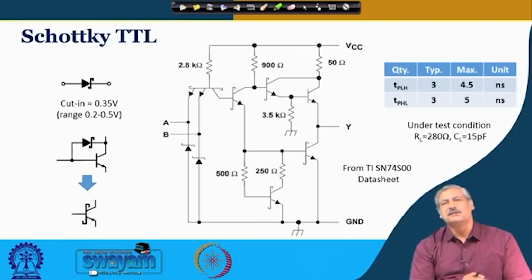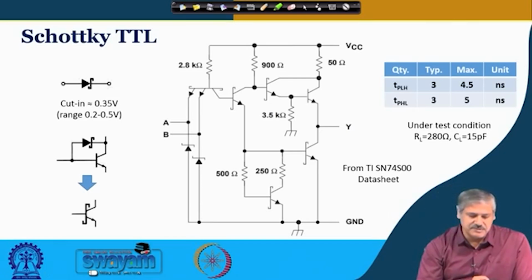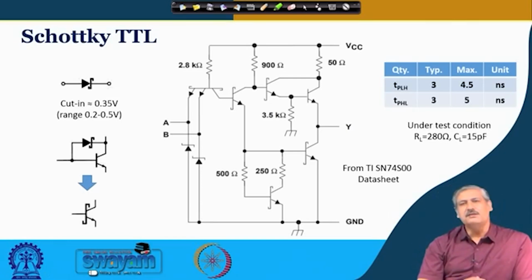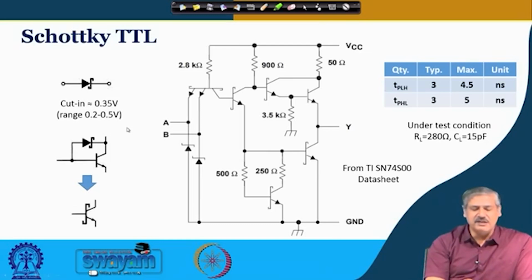And the last topic that I would like to just mention here in today's class is the use of Schottky diode in the TTL configuration. Okay. Schottky diode is a metal semiconductor junction and it can provide a cut-in voltage in the range of 0.2 to 0.5 volt.